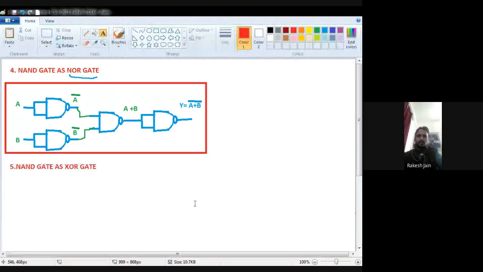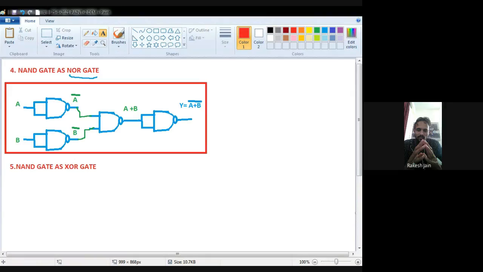I know that in case of NAND gate as a XOR gate, what is the equation of XOR gate? The equation of XOR gate is A B bar plus A bar B. Now, how can I find this?